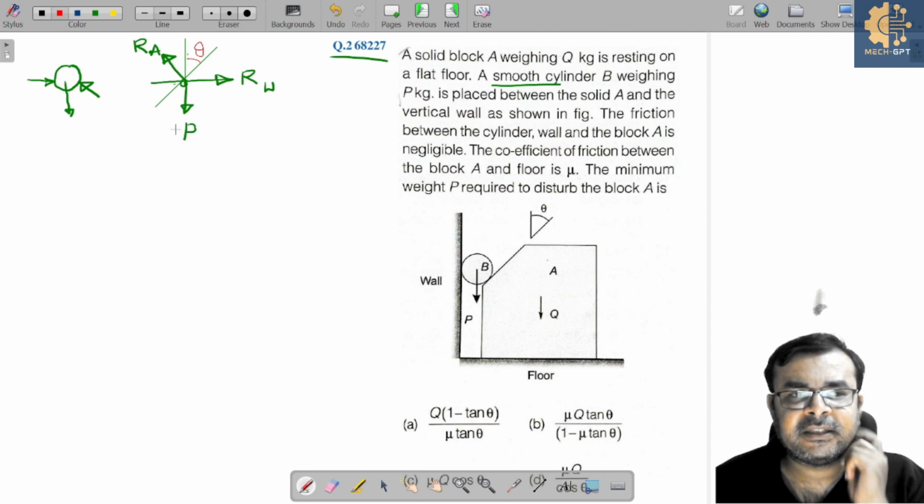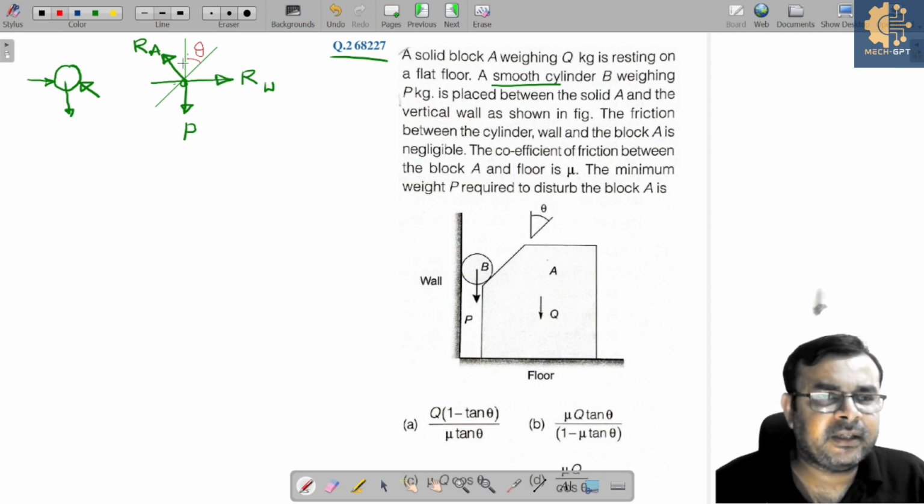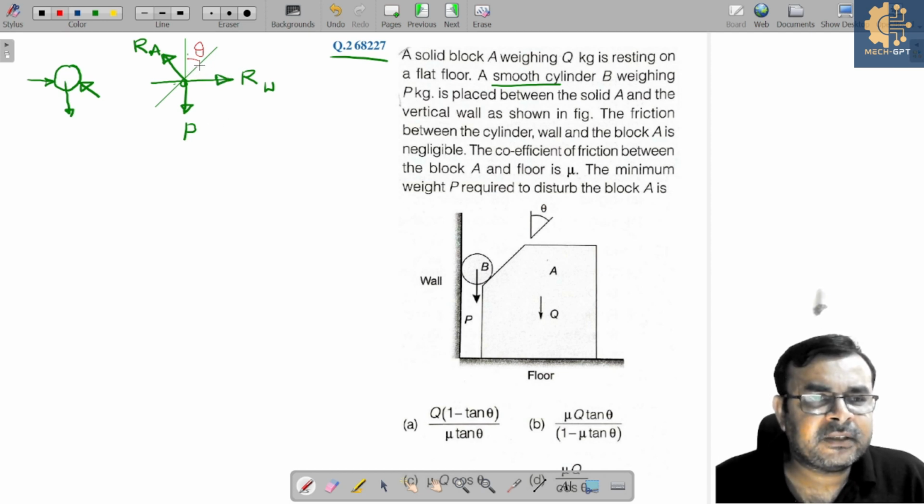This angle is theta, which is already given here. And obviously if this is theta, then this is 90 minus theta.